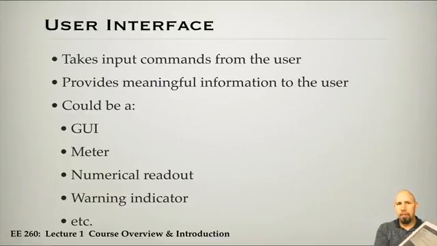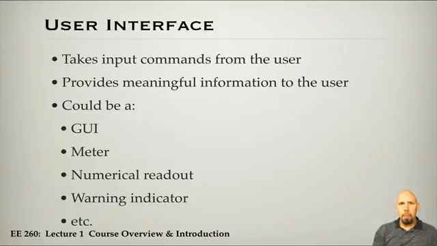So this is an example of a user interface. This has a lot of user interface features. It can take information from the user, and it can give information back to the user. That information can be in the form of a GUI, a graphical user interface. There's graphics associated with this, and what's going on in the graphics is communicating to the user, and the user can interact with that graphics.